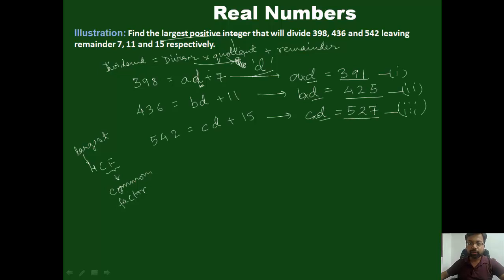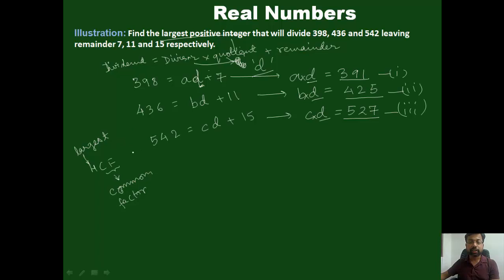A factor is any number which when multiplied by another number gives a third number. So d is a common factor of 391, 425, and 527. Also, d is the largest positive integer, so it has to be the largest common factor.